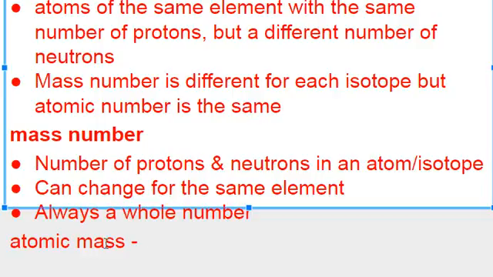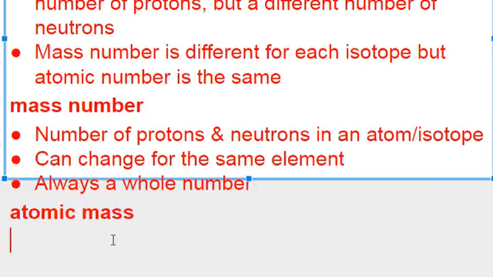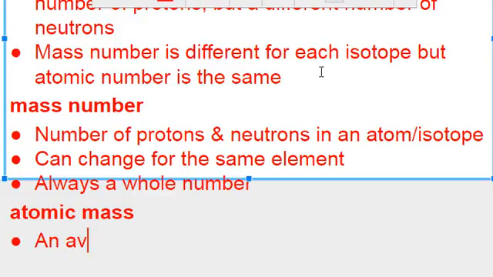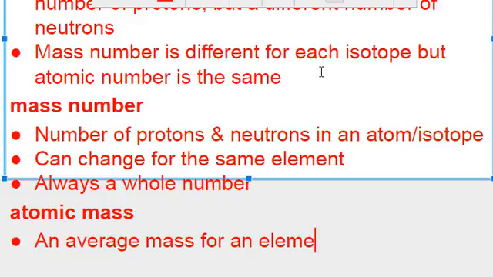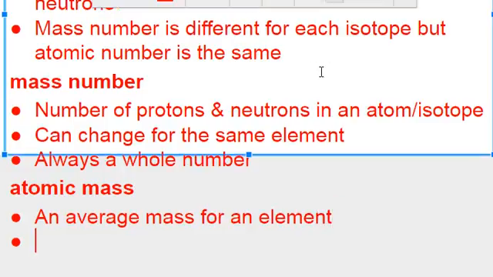So then atomic mass is different, because atomic mass is an average. It's an average mass for an element, so it doesn't change.